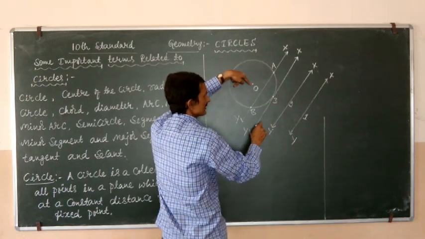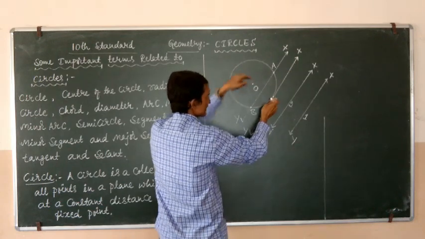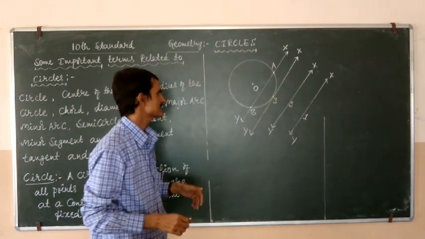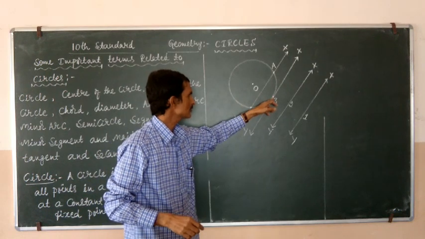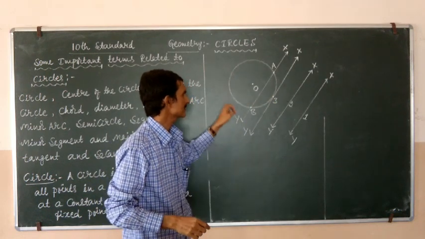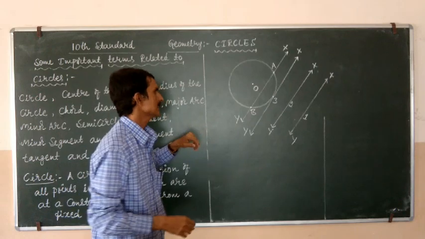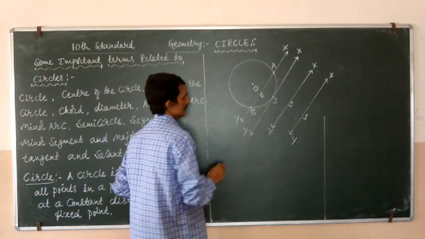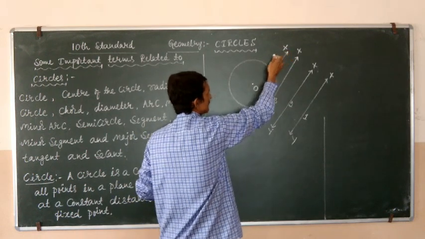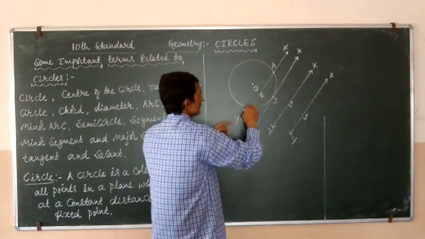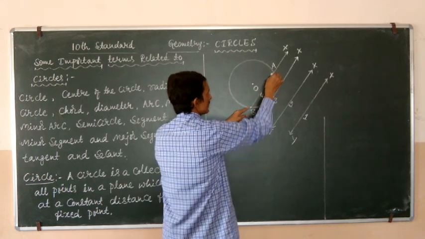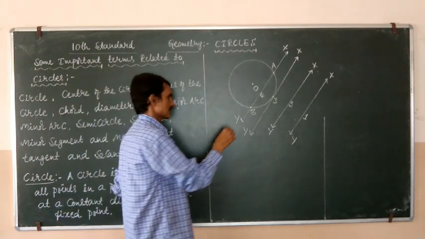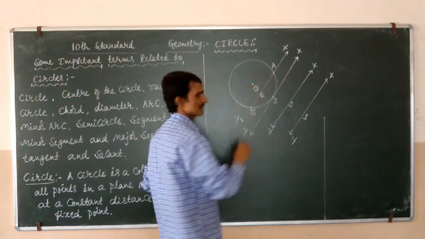And the next third line segment is the same XY, which passes through the point on the circumference of the circle. So in the next fourth line segment, it passes through two distinct points on the circumference of the circle.